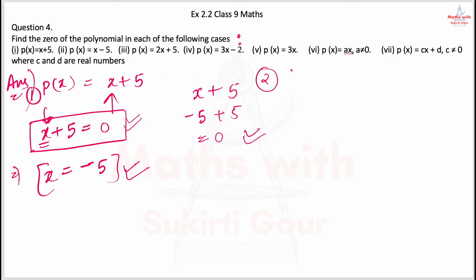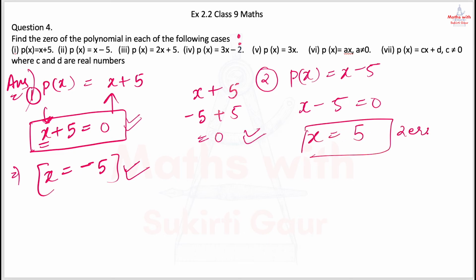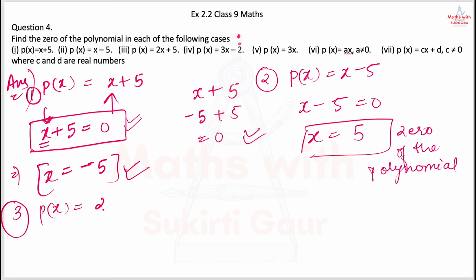Now the second part is px equals to x minus 5. Put this polynomial equals to 0 and we will be getting a value of variable which is 0 of the polynomial. Third part is px equals to 2x plus 5.